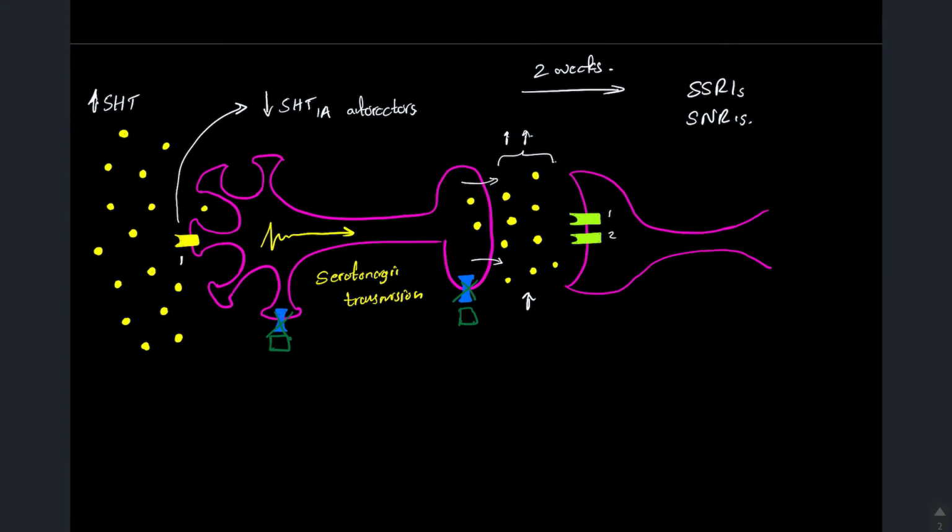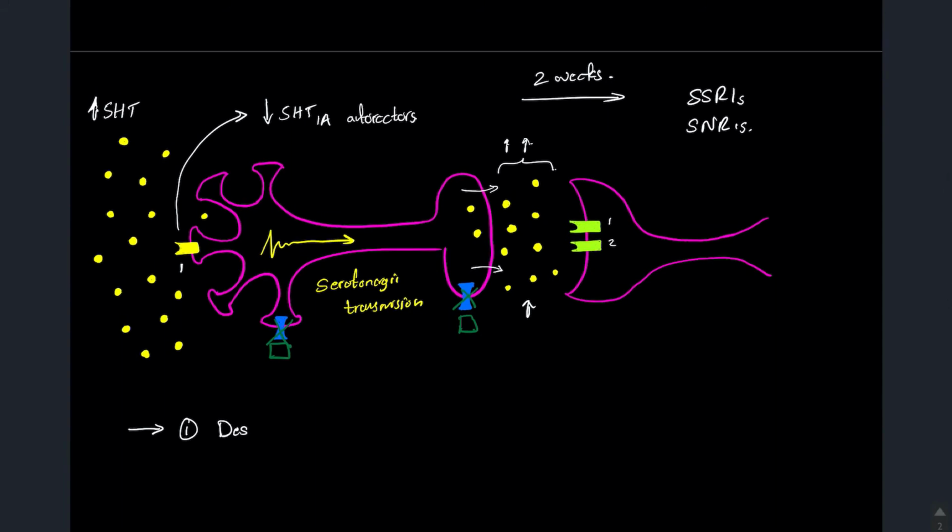And at the end, I would just like to reiterate 2 points. Number 1, a desensitization or downregulation of the 5-HT1A autoreceptor in the somatodendritic region, which is over here.